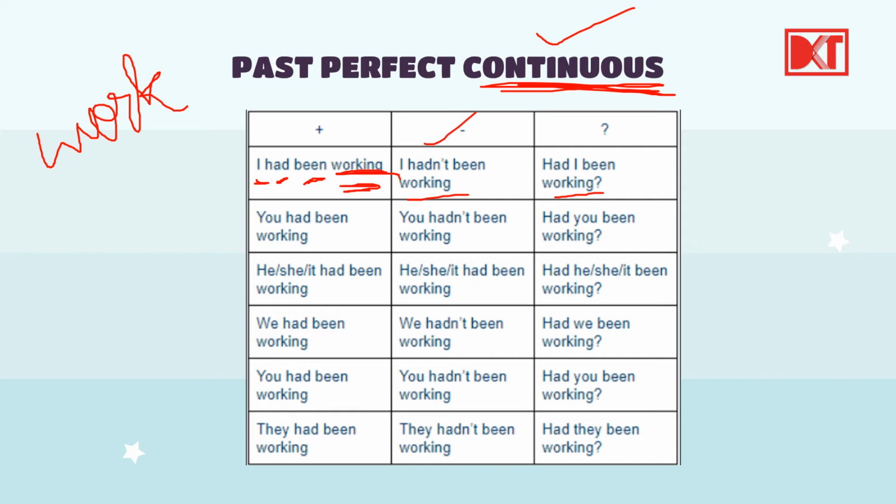For negative, it is the subject, then had not, because we're talking about a negative sentence, then been and the verb ing. For the interrogative, start with had, then the subject, been and verb ing. This is valid for all these forms, whether singular, plural, first person, second person, or third person.